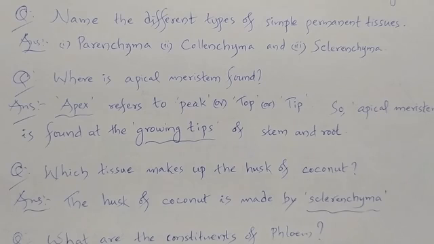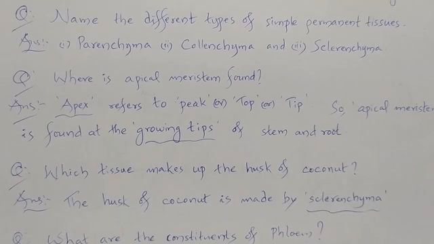Sclerenchyma is completely made up of dead cells. Parenchyma and collenchyma are made up of live cells. The amount of protoplasm is present in very high quantity in parenchyma cells, moderate quantity in collenchyma cells, and almost nil in sclerenchyma cells.